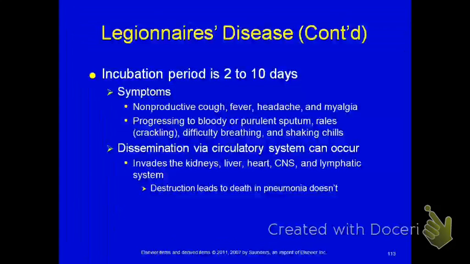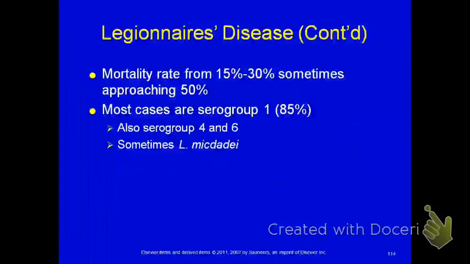Eventually, the organisms will invade the kidneys, liver, heart, CNS, and lymphatic system. Mortality rate of Legionella pneumophila would be about 15 to 30%. So sometimes in a very severe epidemic, it could reach as high as 50%.